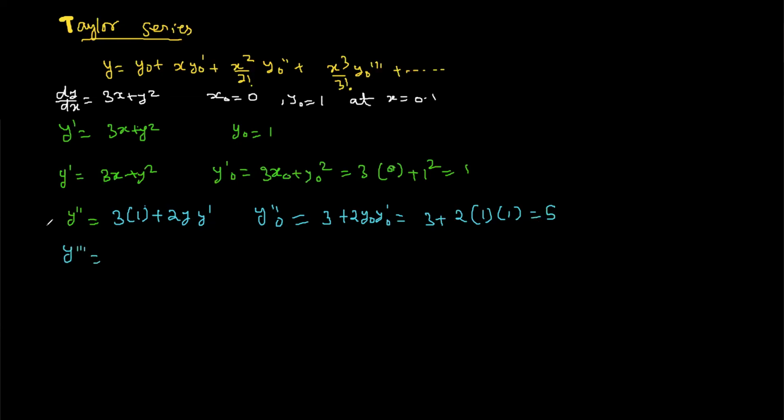y triple dash 0. What is y triple dash 0? The derivative of 3 is 0.